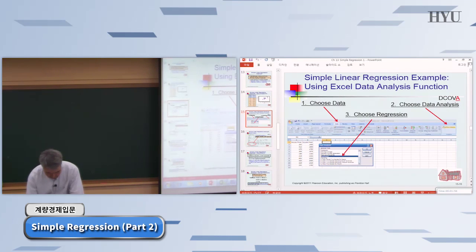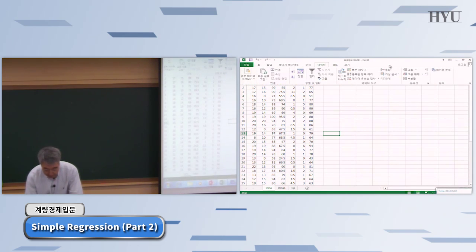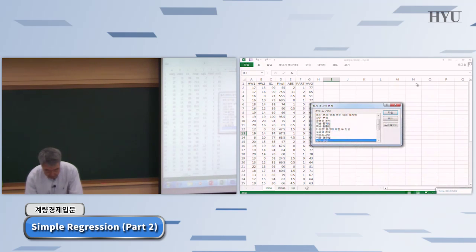Okay, so here we have an actual Excel file open. Click on data and data analysis, and we have a few choices here, and you choose regression. Regression in Korean language is 회귀 분석. So choose that one and click OK.